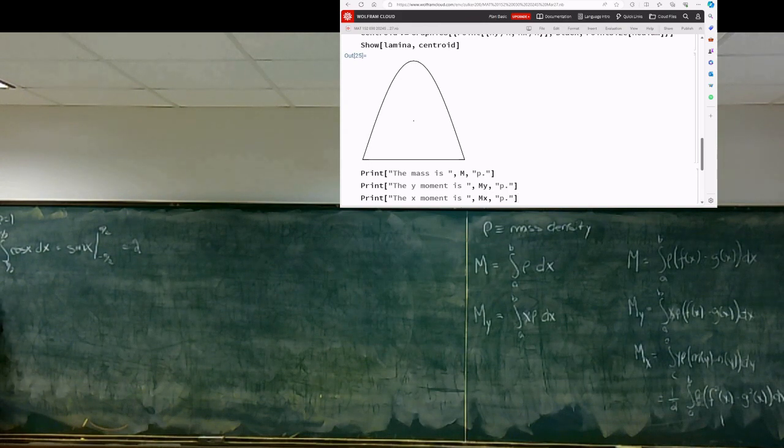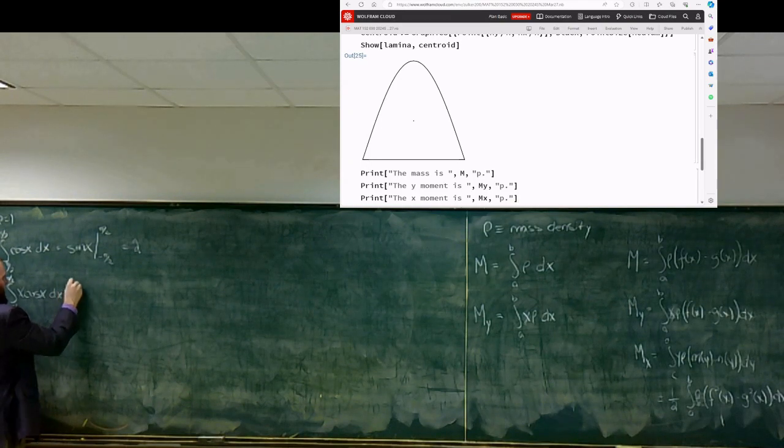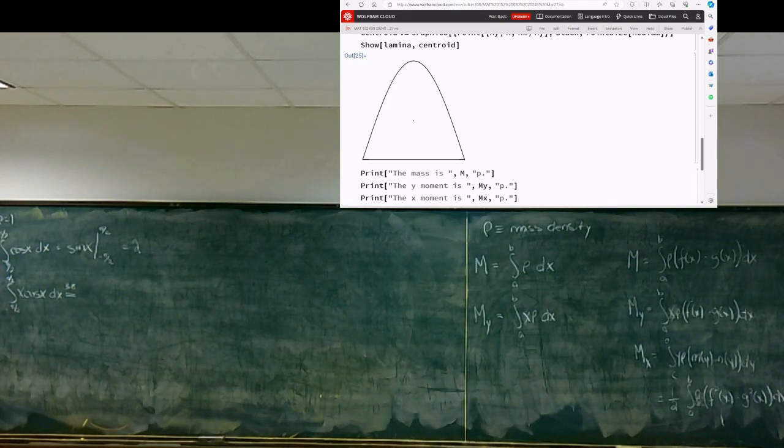Y moment. Oh gosh. Minus pi over 2 to pi over 2 integral of x cosine of x dx. Oh boy. How would you calculate that? By parts. That's integration by parts. But we also have a table. Number 38 on the table.